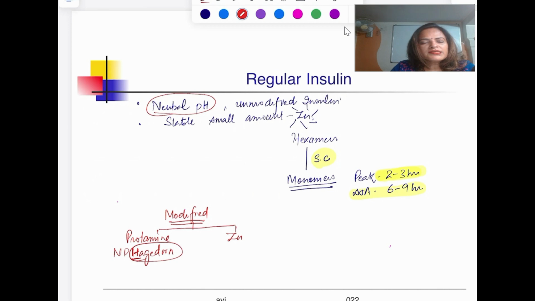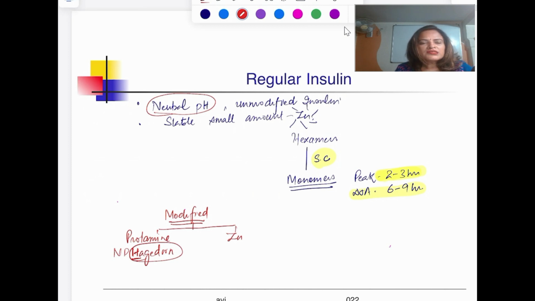How much protamine is added? Just sufficient so that all the insulin molecules form a complex, and we should not get any free protamine or free insulin molecule. When injected subcutaneously, monomers will be released, but the effect is not very consistent with protamine.